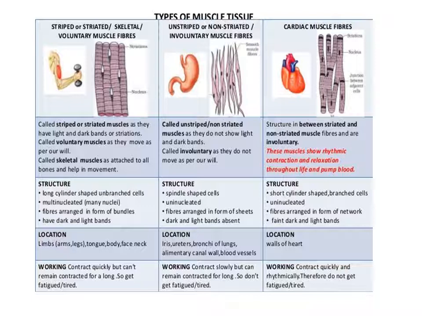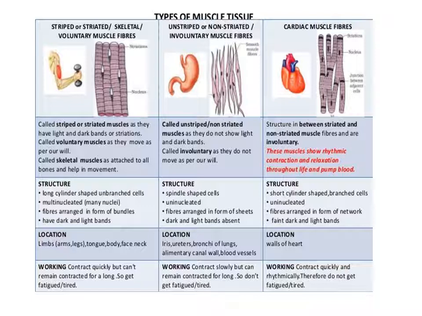The others are not showing any kind of striation, so they are regarded as smooth muscle or unstriped, non-striated muscle. Cardiac muscle also has some kind of striation and bands present on it. So if you go by the content written over here, you will have a clear idea about the difference between all three types of muscular tissue.